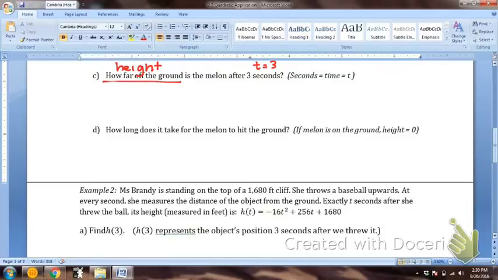Time. So we might plug it in for what instead of h? Perfect. Okay, so we're going to plug 3 in for our t. So let's write it like this. H of 3 equals, and then we're just substituting a 3 in for the t each place in the equation. Okay, so you guys can go ahead and plug that into your equation in each place.